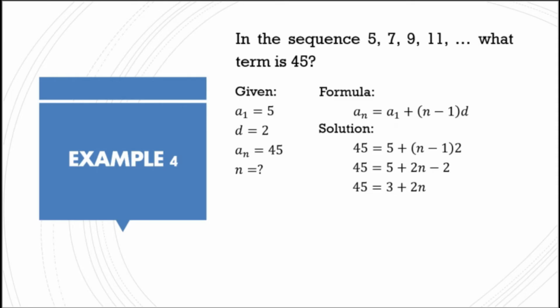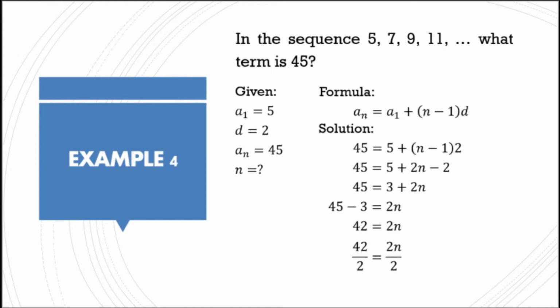Then for us to get the value of n, we will transpose 3. So we have 45 minus 3 equals 2n. 45 minus 3 is equal to 42. So we have 42 is equal to 2n. And for us to get the value of n, we divide both sides by 2.